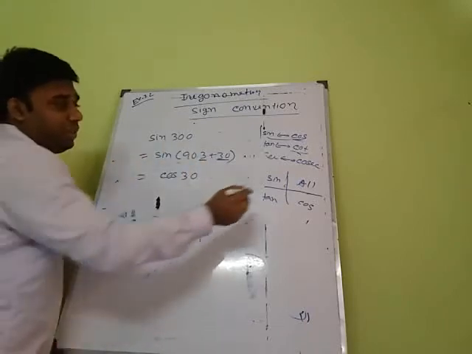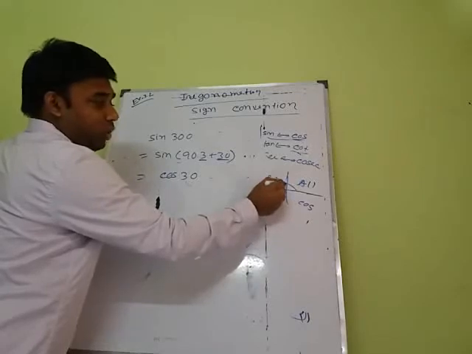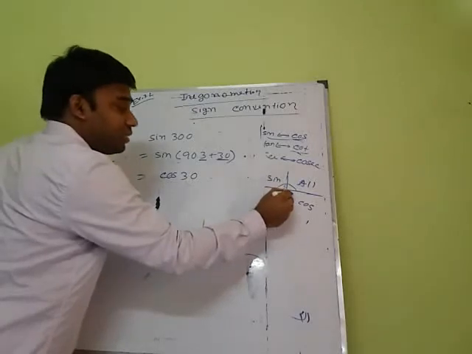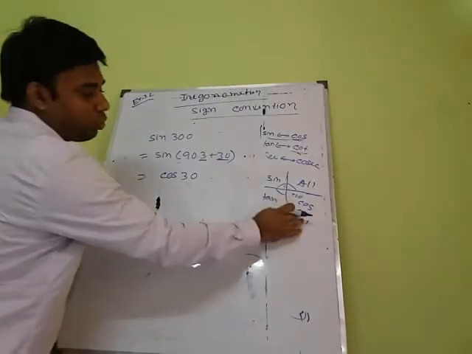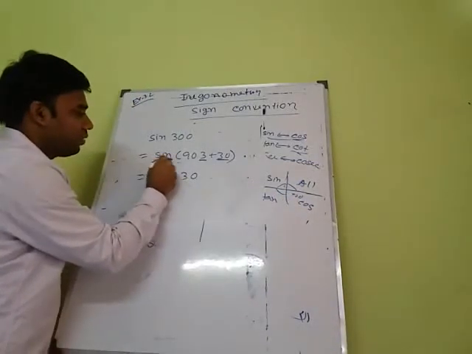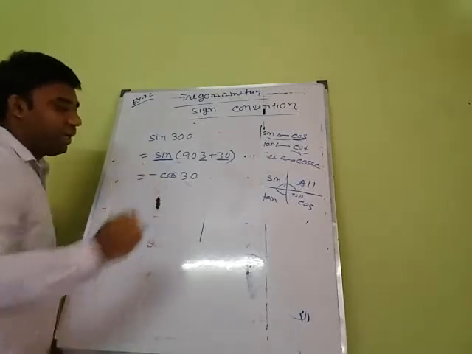90 into 3 means starting from here, 91, 92, 93, plus 30 degree, it means the fourth quadrant. We know that in the fourth quadrant only cos is positive, but here it is given sine theta, so that should be minus.